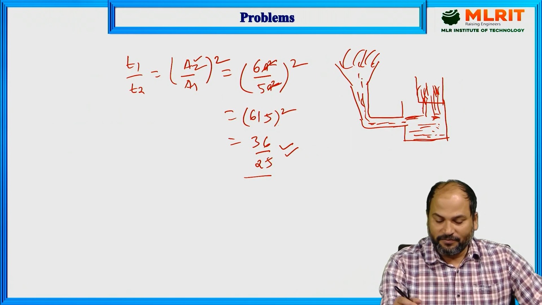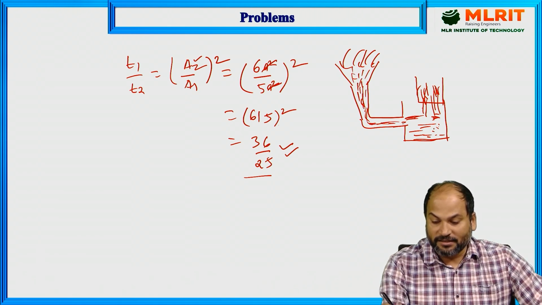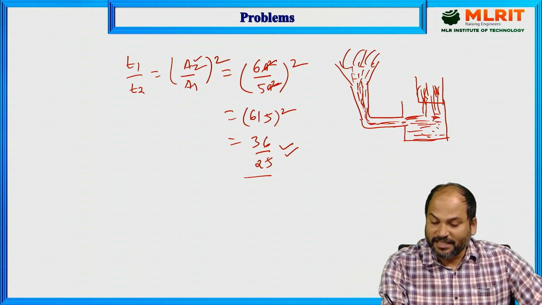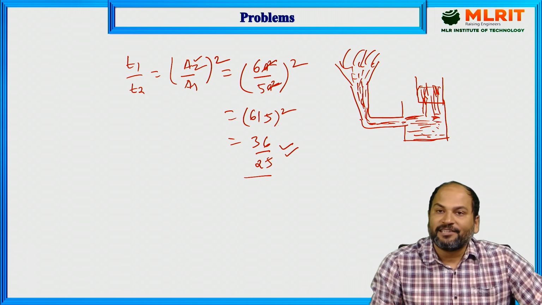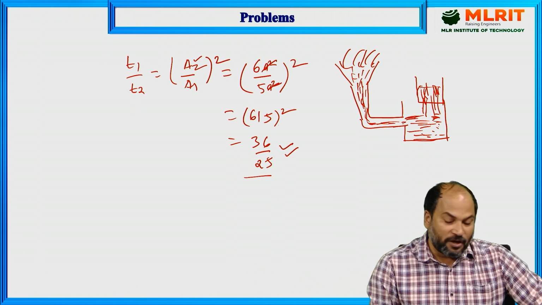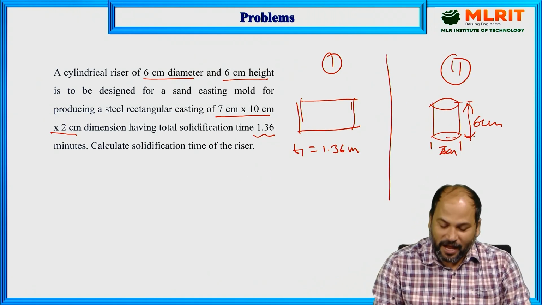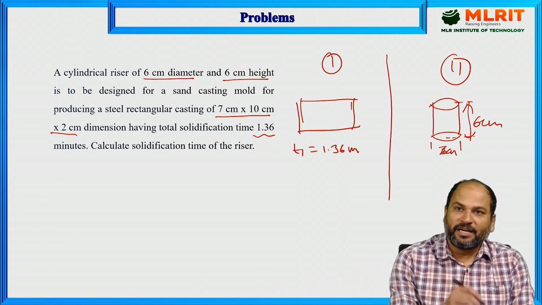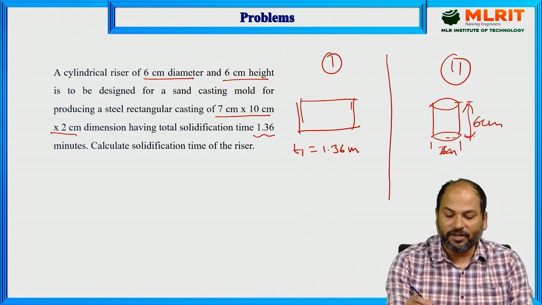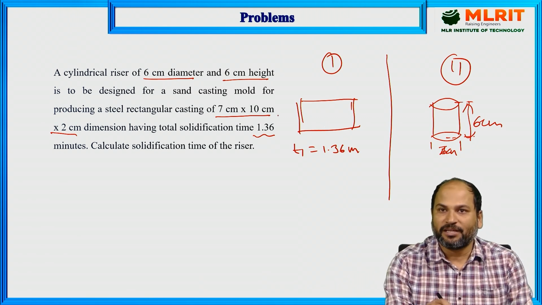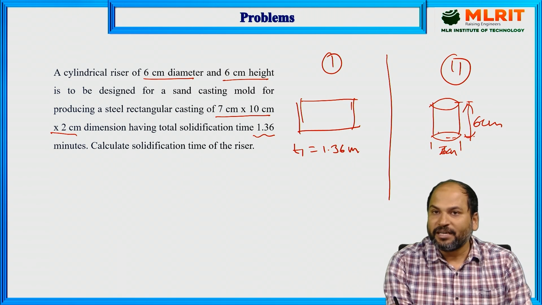As I drew in the last numerical, the same metal, suppose this is the molten metal, is going inside through this gating system and reaching the mold cavity, and this same metal is reaching the riser also. So in this problem, what is the catch point? The main important point that you have to understand is that whatever metal you are pouring, the same metal is going in the casting, and that same metal is going in the riser also.